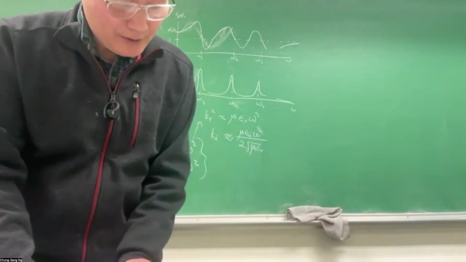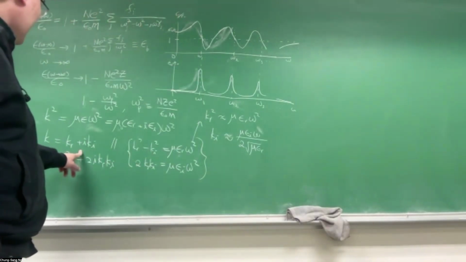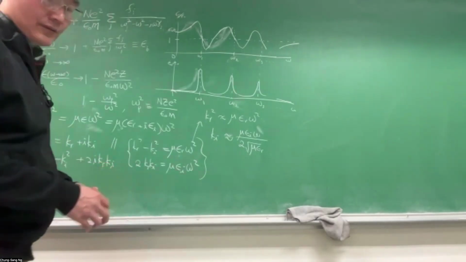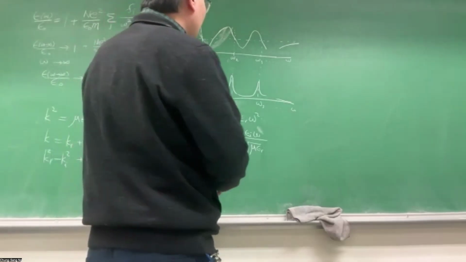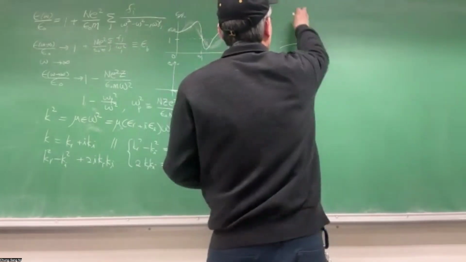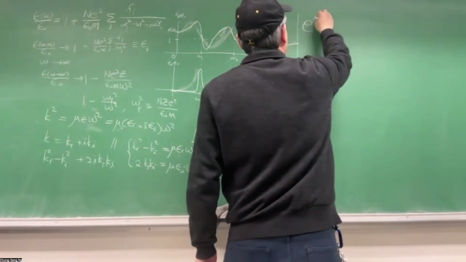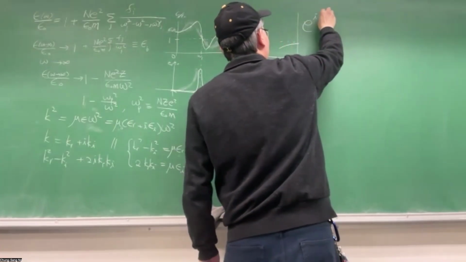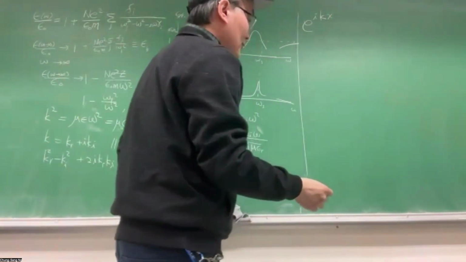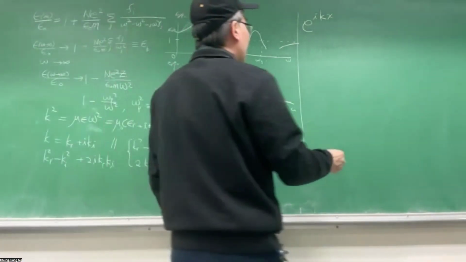So that's the reason why k has an imaginary part. Now we can look at the meaning of imaginary k. Usually we consider just one-dimensional propagation using e to the ikx, with the minus i omega t, but we talk about the spatial property now.